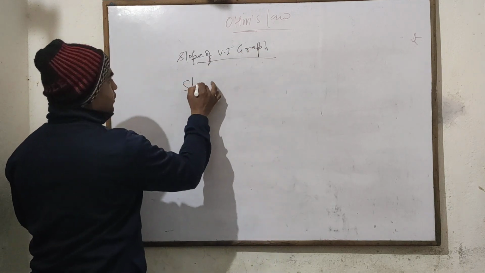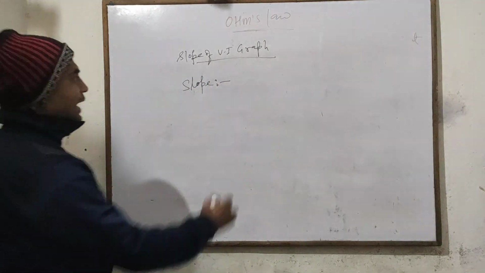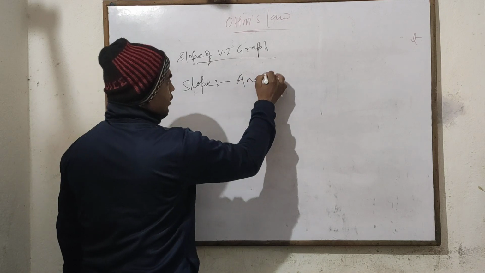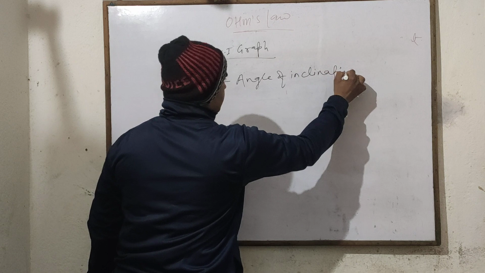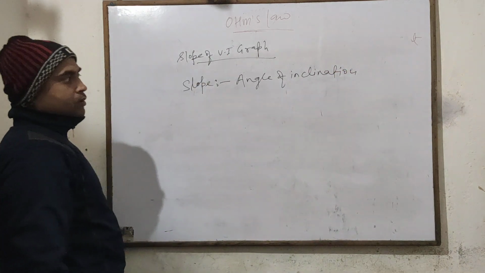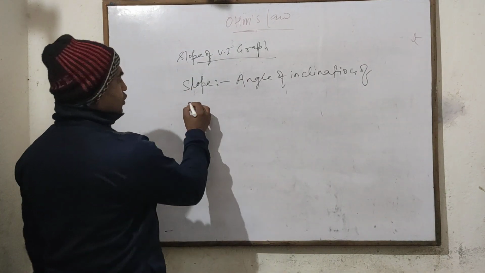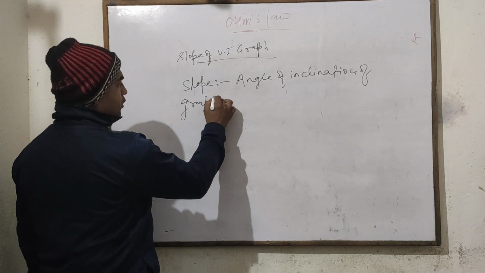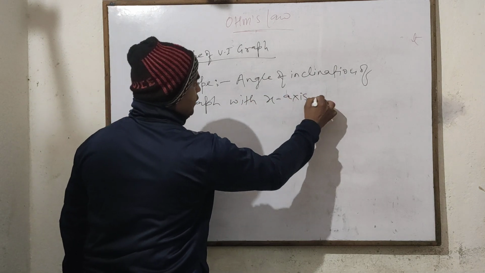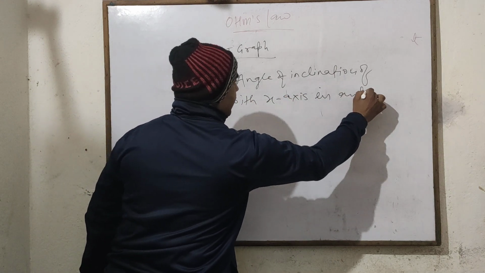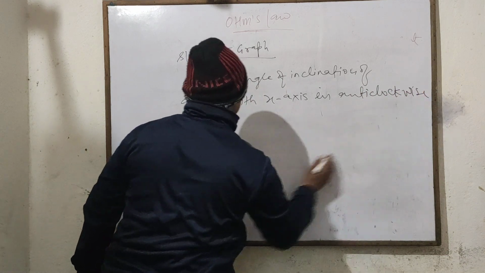What is slope? Slope is the angle of inclination. Angle of inclination of what? Angle of inclination of the graph with the x-axis in the anti-clockwise direction.